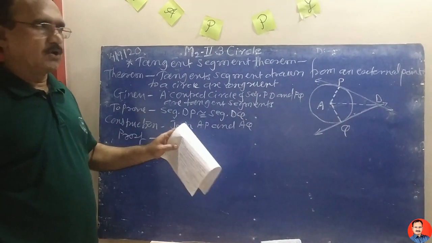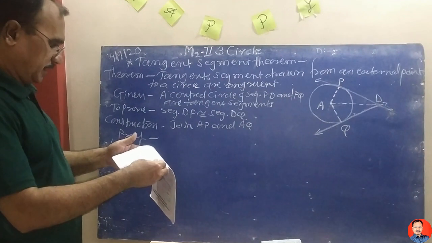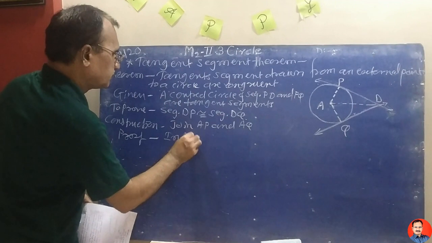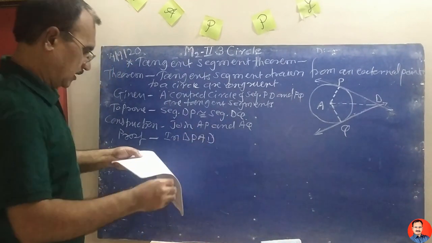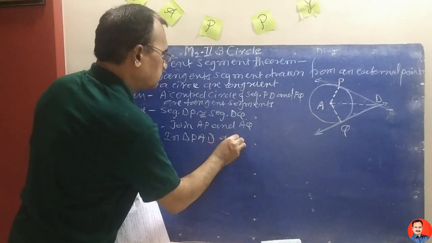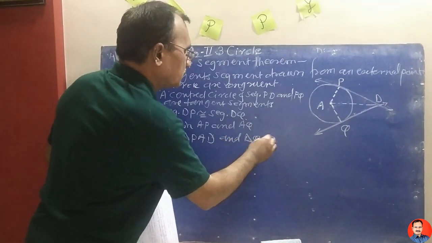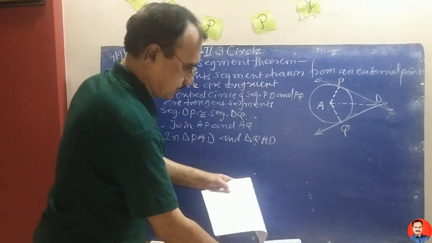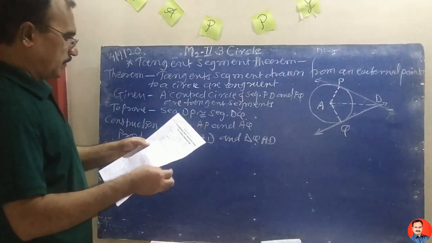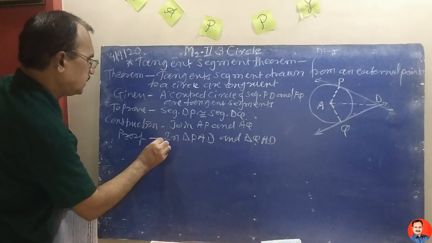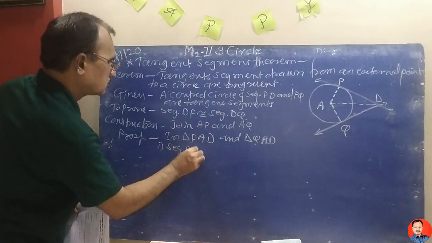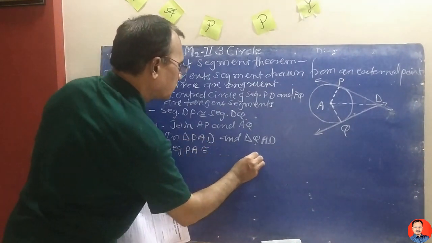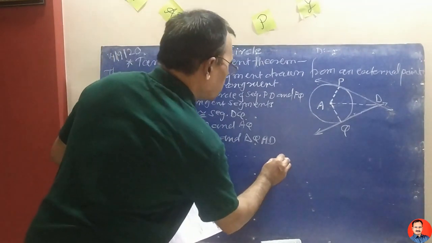The proof is already given. We have to fill the empty boxes only. In triangle PAD and triangle QAD, in these two triangles, segment PA, statement number 1, is congruent to segment QA. Reason: radii of the same circle.